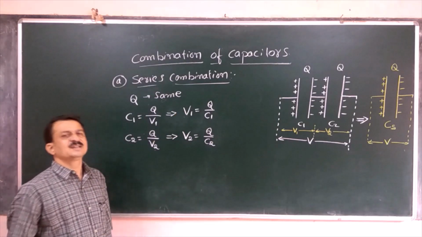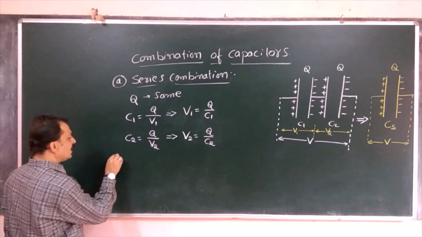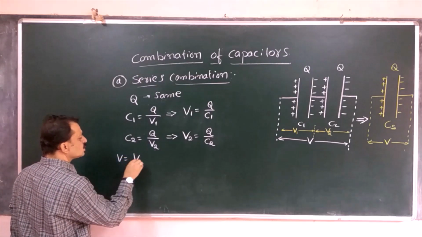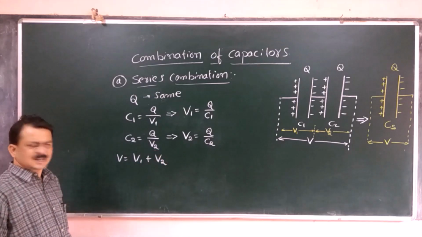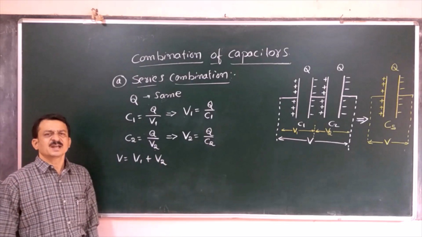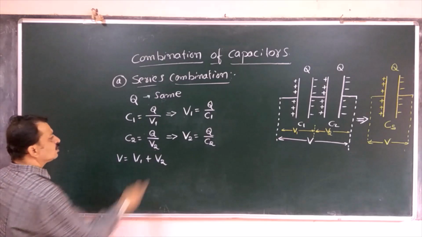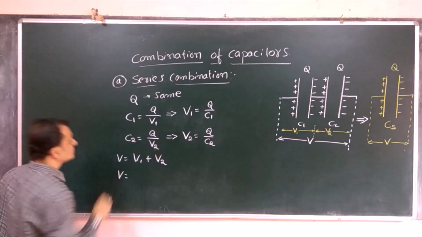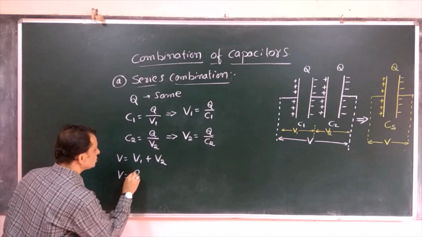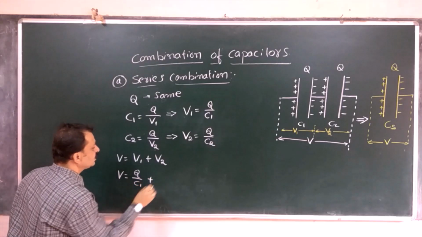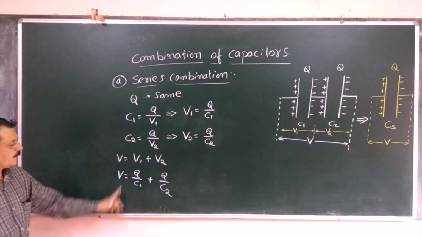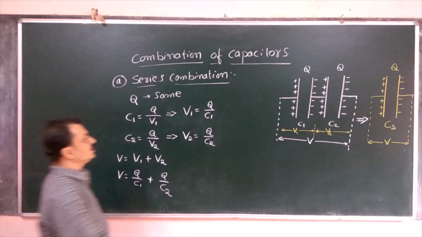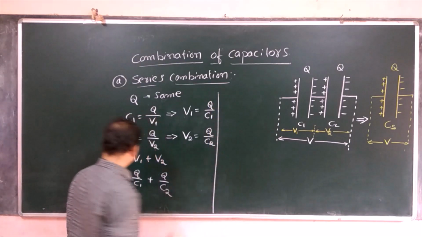We know that in series combination, the applied voltage is equal to the sum of the two voltages, that is, voltage across the first capacitor and voltage across the second capacitor. So substituting the values, V is Q divided by C1 plus Q divided by C2. Now here Q is common, I will take Q common out.